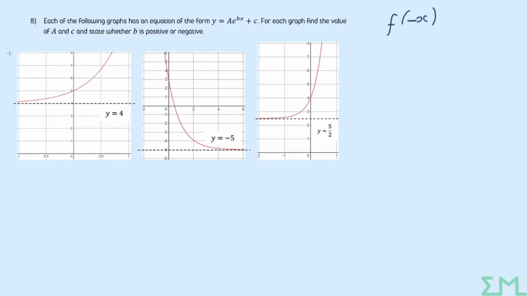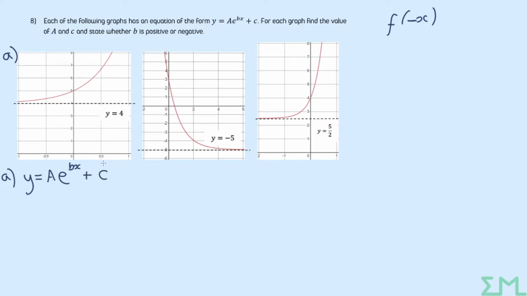So let's call this part A, do the working for it underneath. So information that we've got here, we've got an asymptote of y equals 4, and we have got an intersection point of 0, 5. And we've obviously got our standard equation a e to the bx plus c.